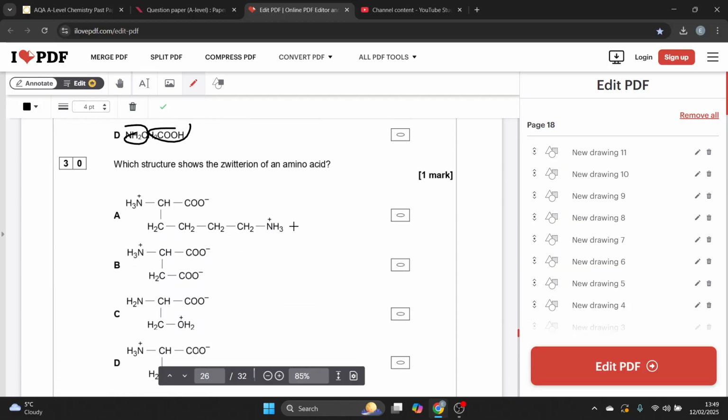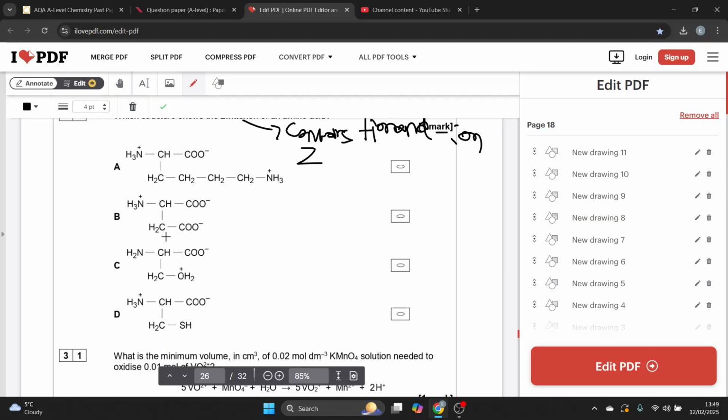Question 30. Which structure shows the zwitterion of an amino acid? A zwitterion contains a positive ion and a negative ion, right? But it's only got two. So I can cross out A, because that's got 3 charges. I can cross out B, that's got 3.